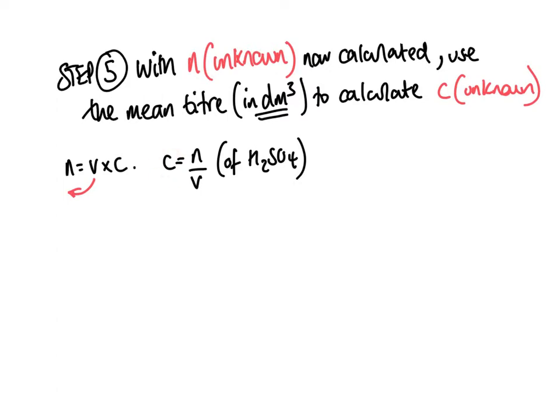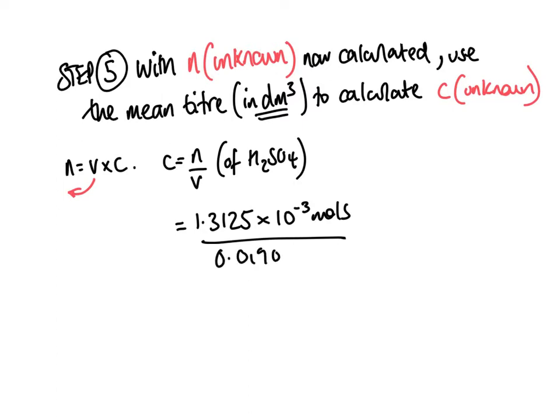We've just calculated that we have 1.3125 times 10 to the minus 3 moles that we've been reacting with, and our mean titer value, which we've worked out in step 1 in decimeter cubed, was 0.019075 dm cubed.